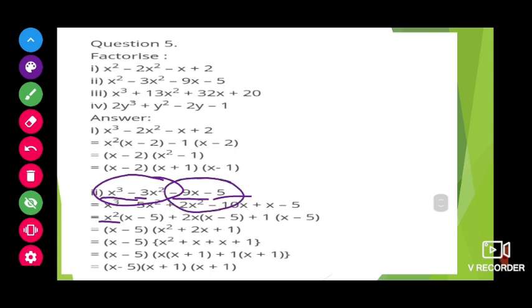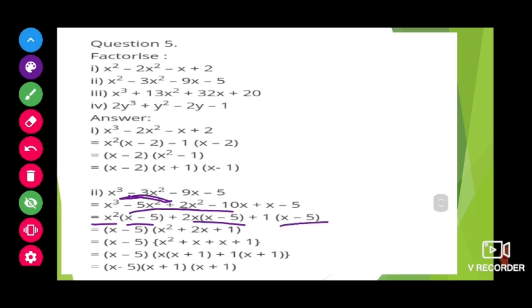So to make that, I am writing minus 3x square as minus 5x square plus 2x square. That way we will get the common expression in all the terms.